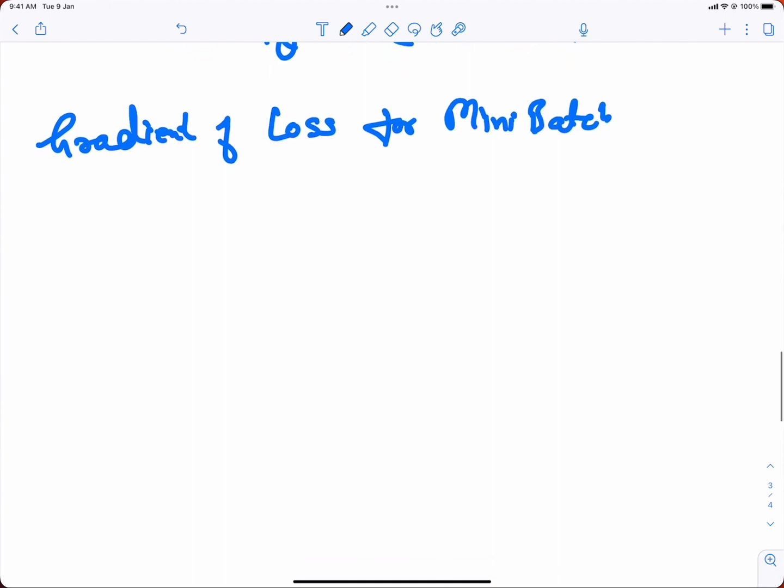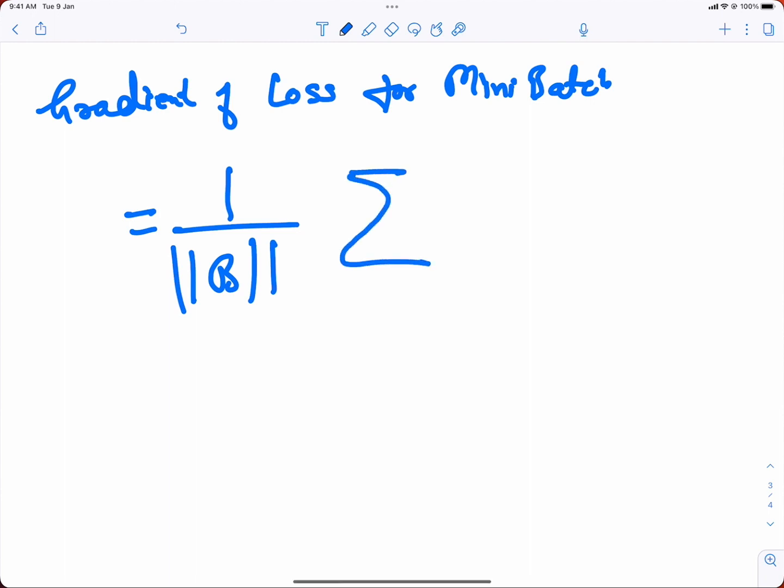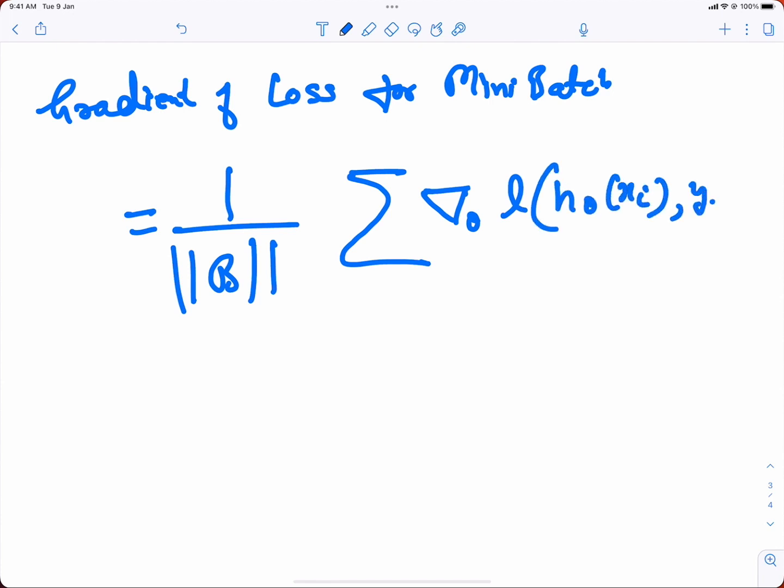We can use the norm of B and do the sigma of all the losses: gradient of loss of h theta xi and yi. Here i does not vary from 1 to m.